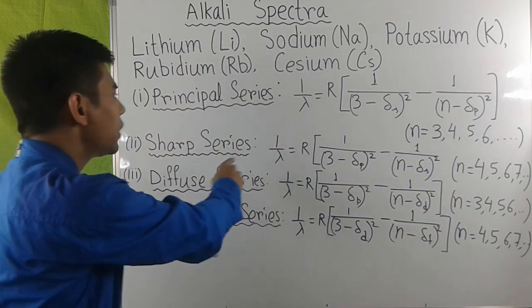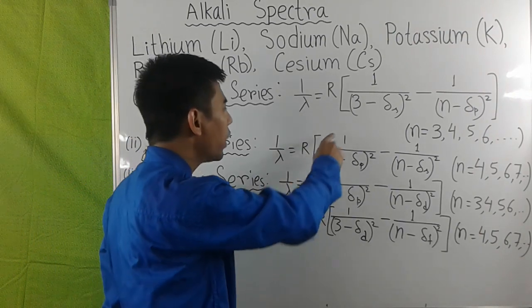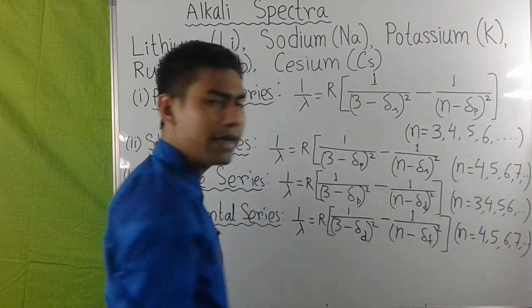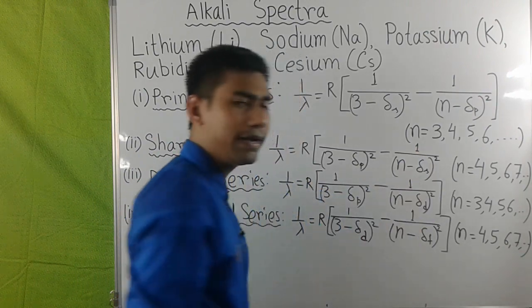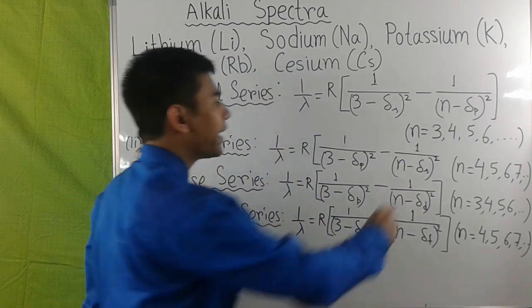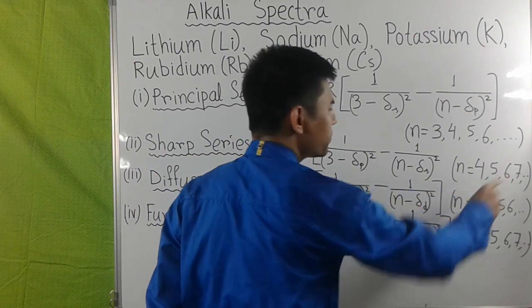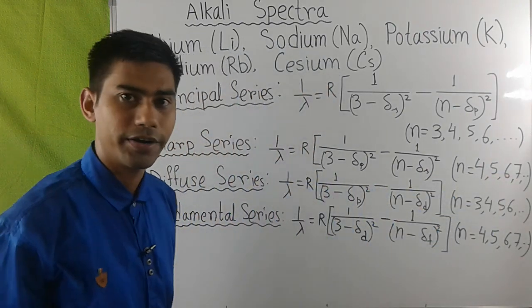For the sharp series, 1 by lambda equals R times 1 by (3 minus delta P) square minus 1 by (n minus delta S) square, and n equals 4, 5, 6, 7 and so on.